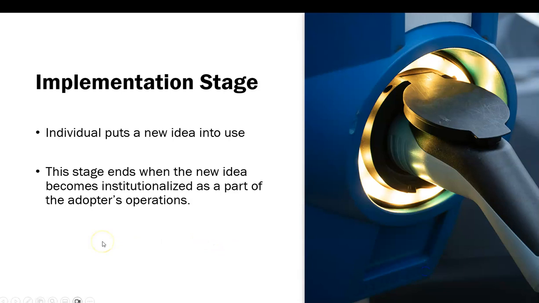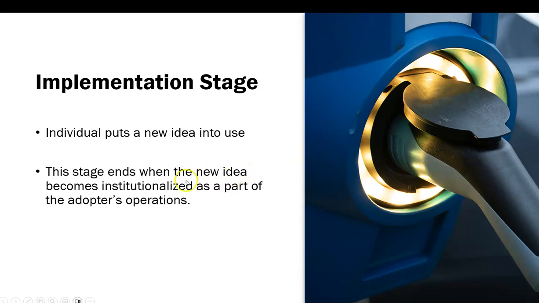So the implementation stage is when you've made the decision to use the innovation, and now you're going to put it into use. And it says new idea. It could be a new object, a new tool. So I have this picture of an electric vehicle because for some families, they are moving into this implementation stage of making the decision to adopt this innovation and are trying it out.